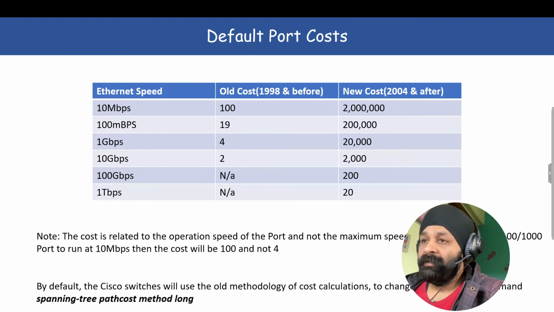The new method is the better one. To calculate the new cost method is very easy. All you need to do is divide 20 million by the port speed. For example, for a 10 Mbps port, you divide it by 10, for 100 Mbps, you divide it by 100, for 1 gigabit, you divide it by 1000, and so on. The old cost method, you will have to remember a bit.